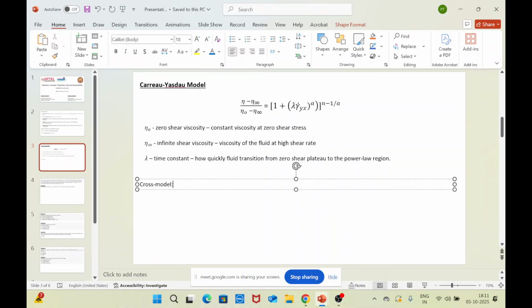What the cross model is, is that the high shear viscosity that you have is going to be 0 in this case.